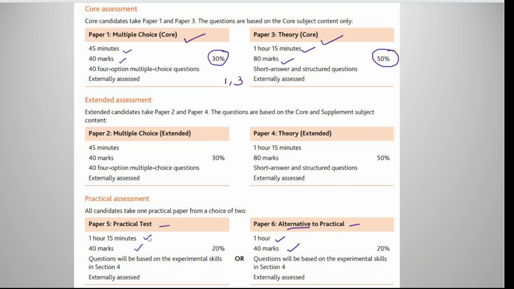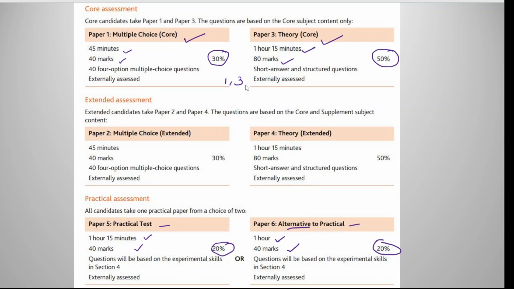That's why in the practical paper you get 15 minutes extra, because you have to take the readings on your own. And the weightage of this paper is 20%. Now looking at your level of proficiency in handling apparatus and everything, you can go either for practical or alternative to practical, or some schools decide whether their candidates will go for practical or alternative to practical.